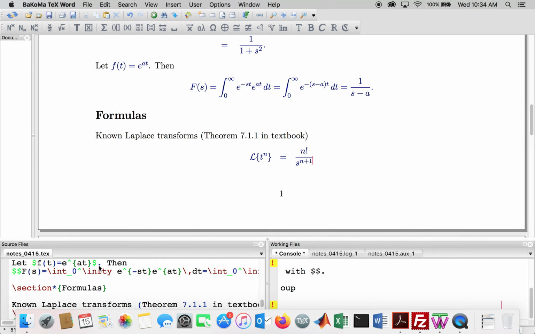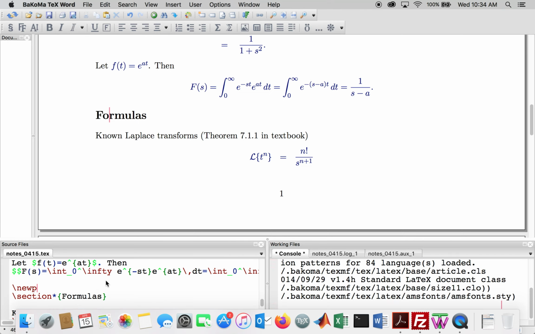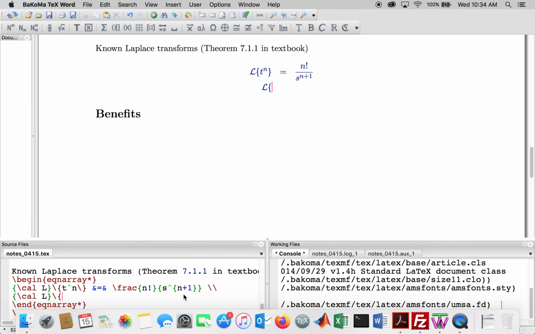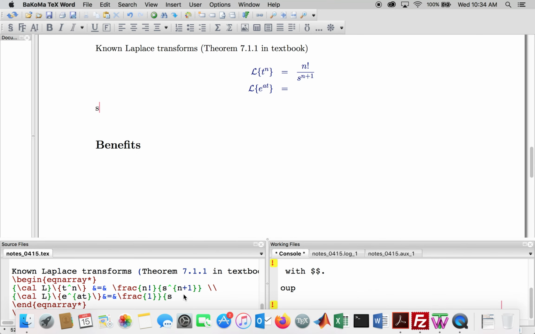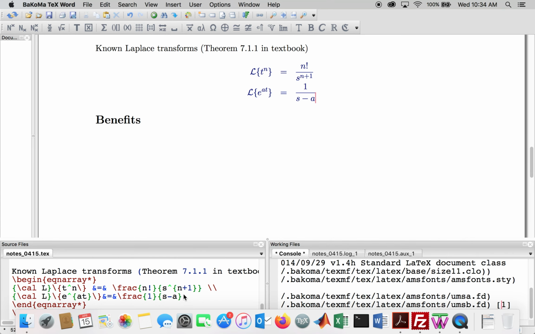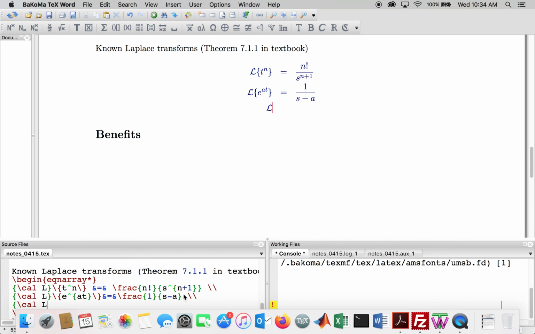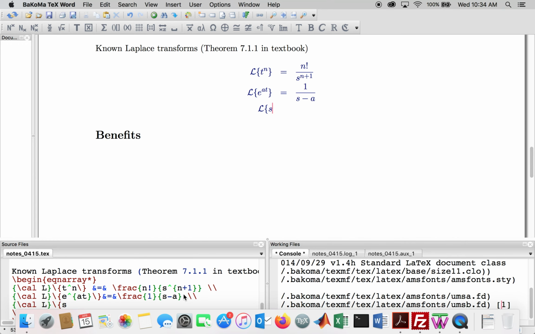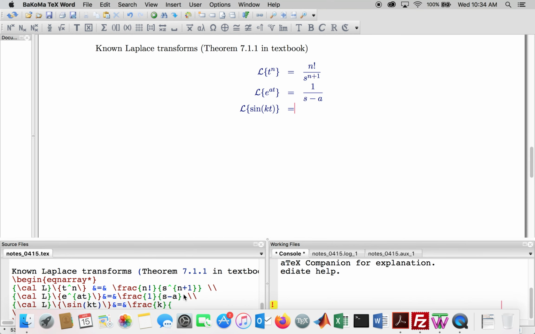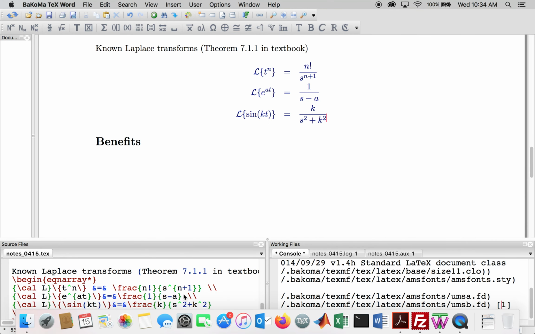Actually, I'm going to move this onto a new page. Now, we also have, just to make things self-contained, the exponential that I just showed you. That's 1 over s minus a. And then we saw sine t. More generally, sine of kt, where k is a constant, is going to be k over s squared plus k squared.